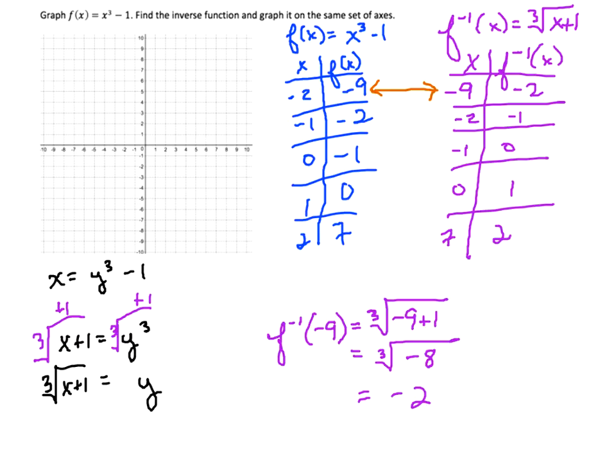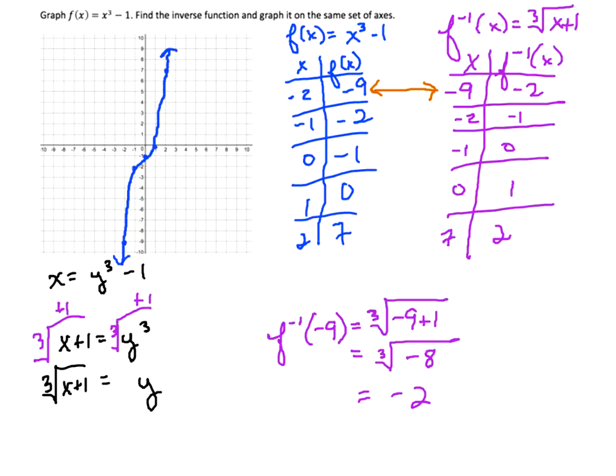Okay, I'm going to put both of these on the graph, and this is our last slide, so we'll be done after this. -2, -9 is right here. I'm graphing f of x in blue. -1, -2, 0, -1, 1, 0, and 2, 7. So this thing comes through like this, and then it snakes across, and then goes up.